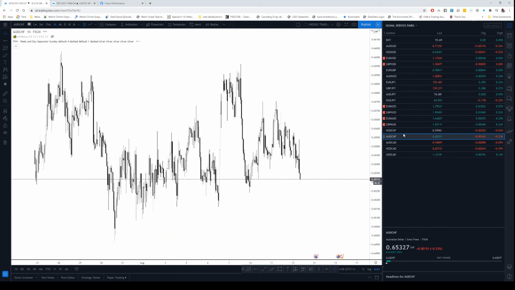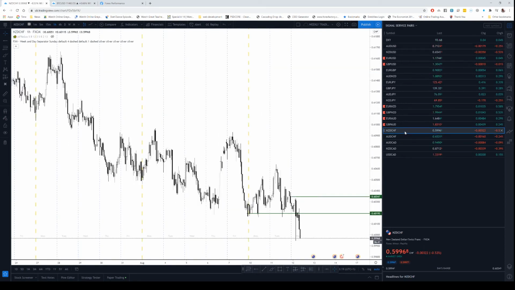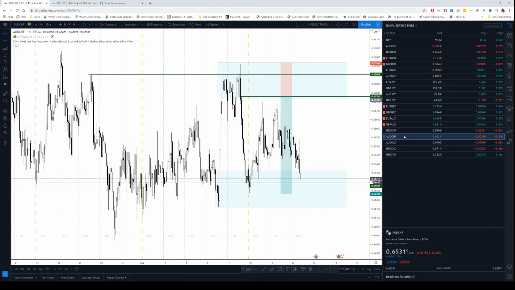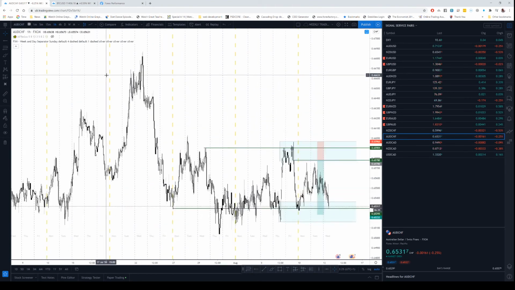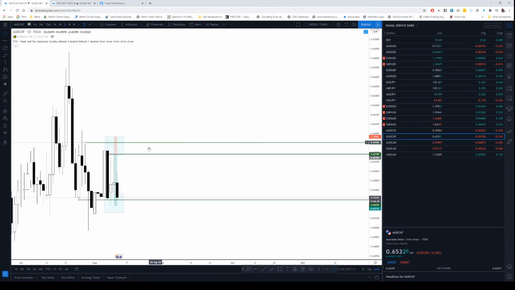Almost there. I want to be as quick as I can today. Aussie Swiss. I think this one is just sideways, because the Aussie is strong, so you're going to stay out on this one.